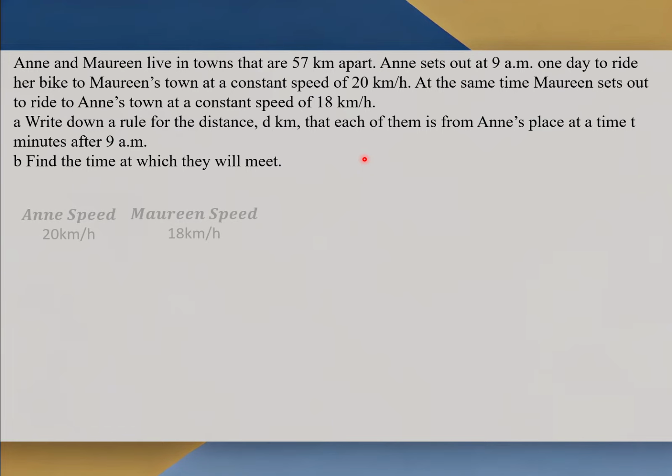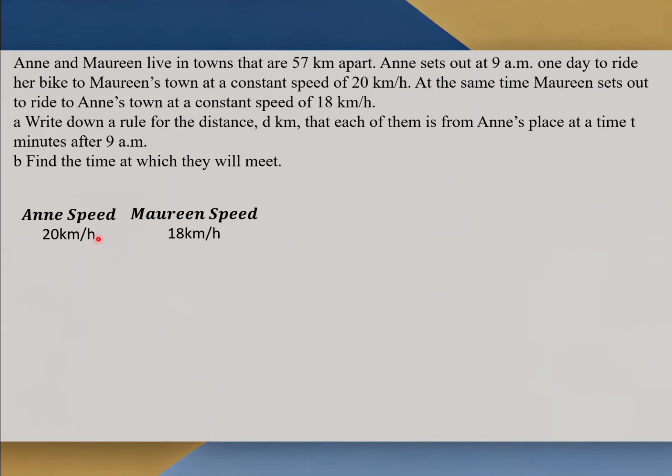So to start off with, we need to think about their speed. Their speed is given as 20 kilometres per hour and 18 kilometres per hour. Now, a mistake would just be to grab this and use it in this form. When it says with the rule, it's talking about t as in minutes. We're looking at kilometres per hour, so the first thing we need to be thinking about is how can we get this into kilometres per minute?